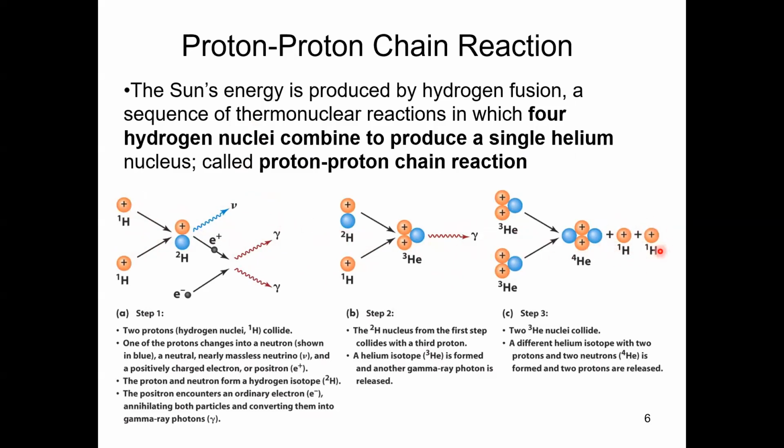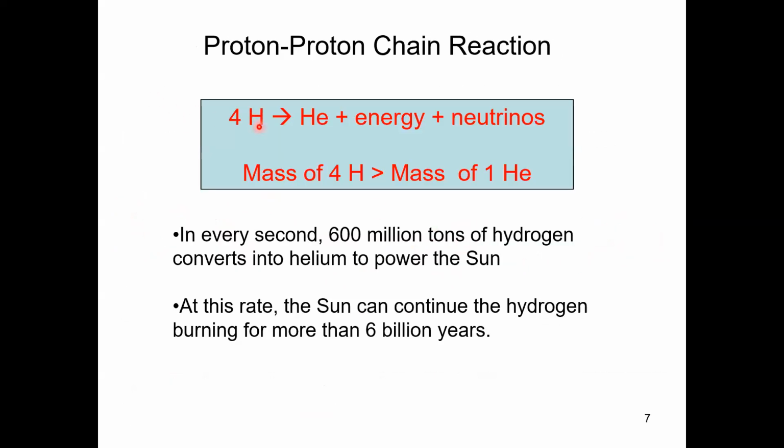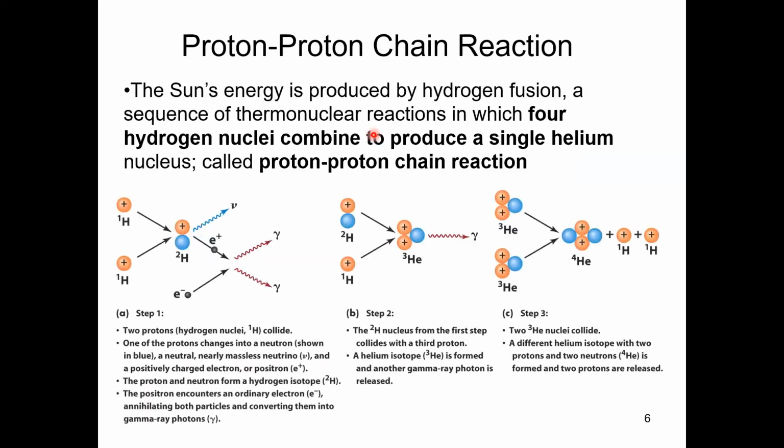Six in, two out means actually four in. So four hydrogens is the total input to the process, and the output is a helium nucleus plus neutrino and some gamma rays, which means energy. So this is what's happening inside the sun in one single nuclear chain reaction. We can explain that quite easily.